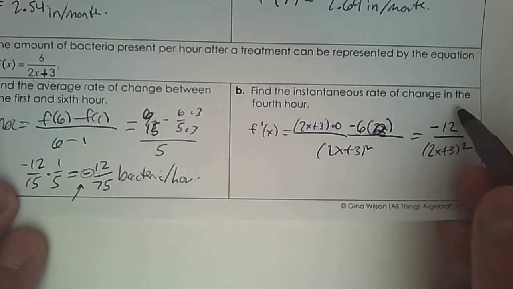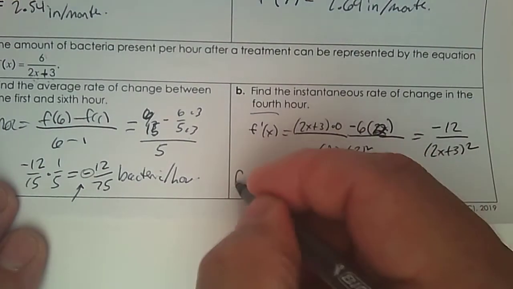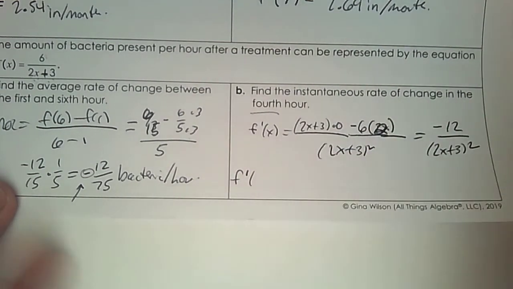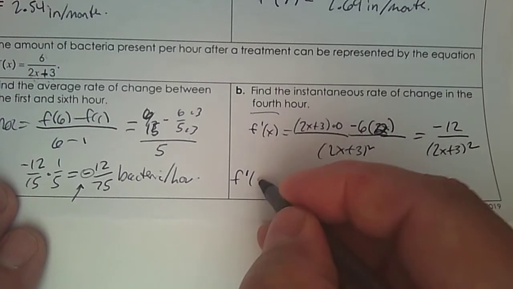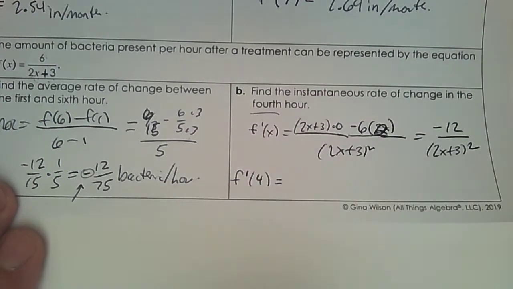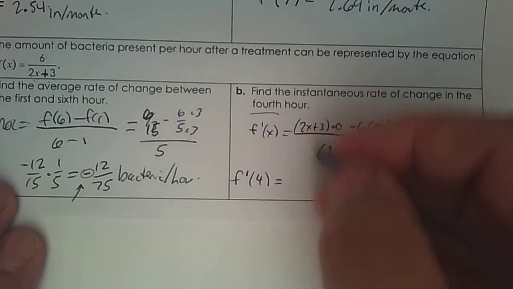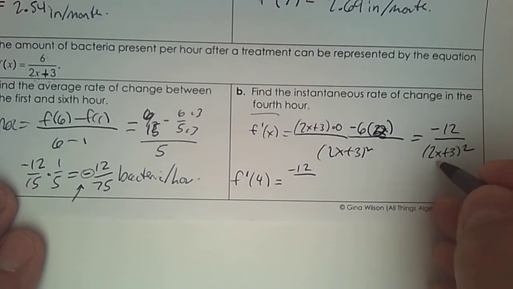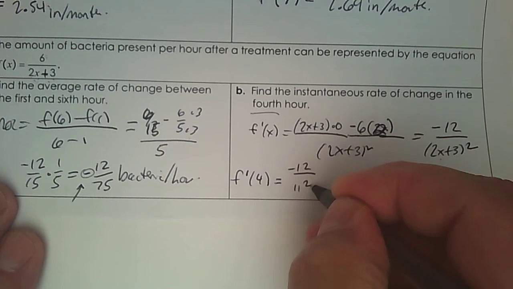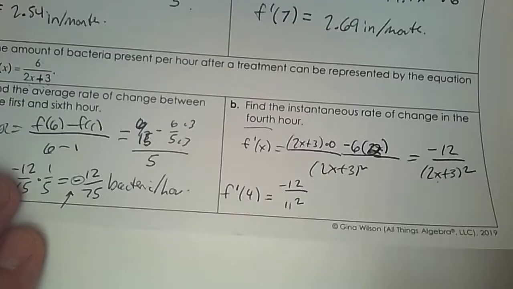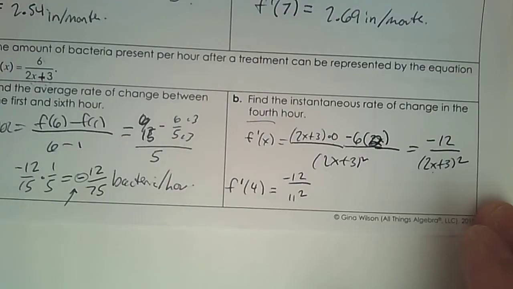And then the instantaneous of the 4th hour. So when I plug in 4, that's 8 plus 3. That's 11 squared. So it's negative 12 divided by 11 squared.